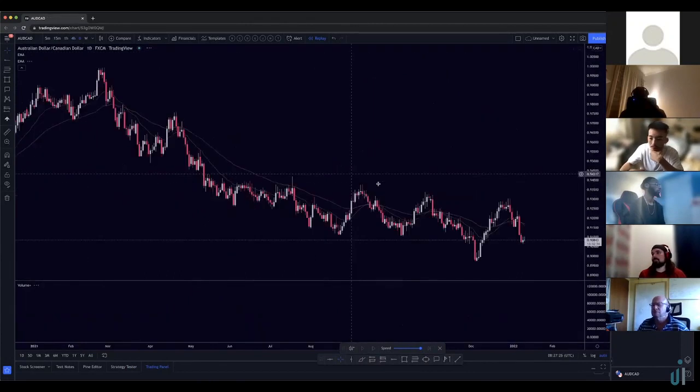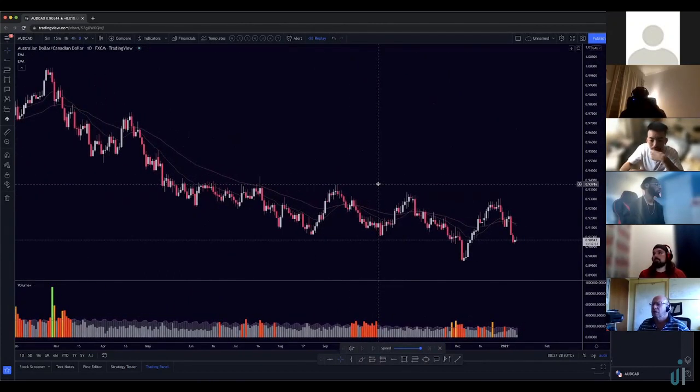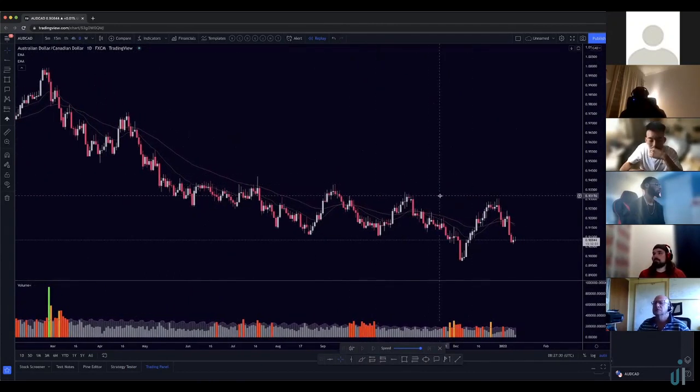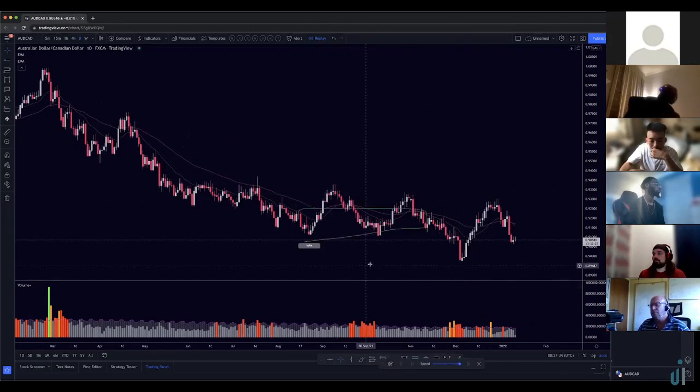Where? This is the daily. If you go to the daily, I think that we were in this range, and then all of this move came up, and I was here somewhere trying to gauge the uptrend, but on the 1 hour, so it looked a lot bigger.